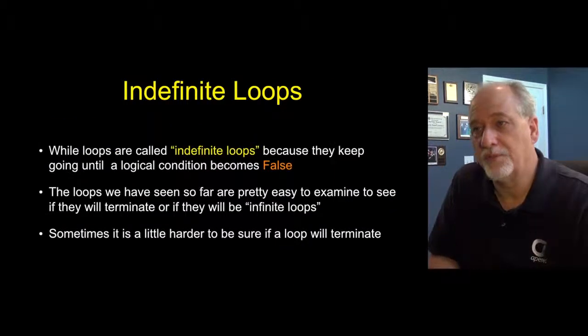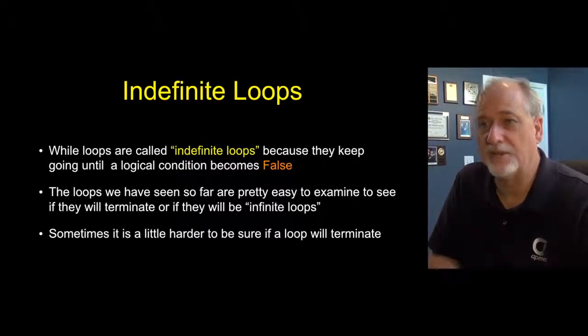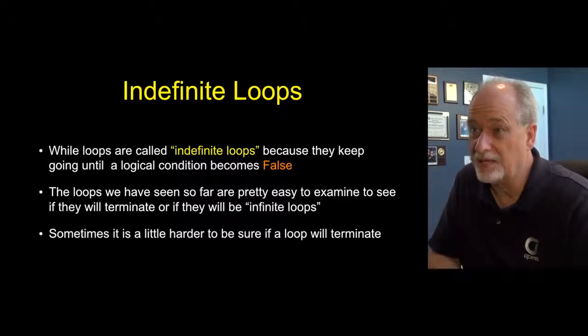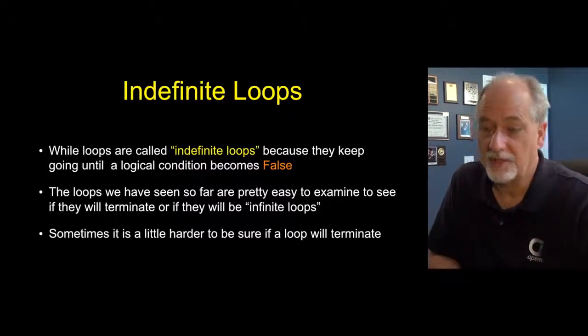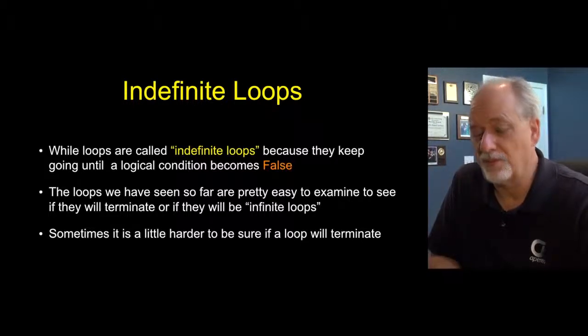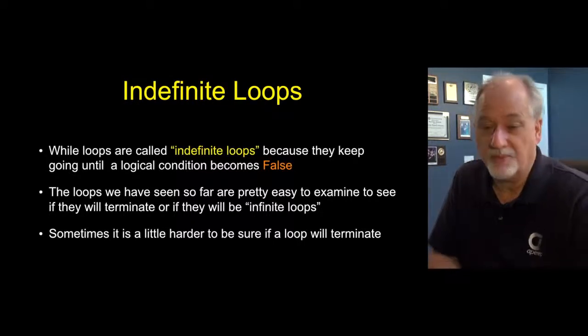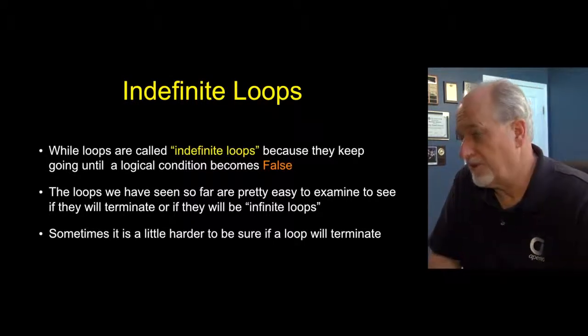So these loops that we've been drawing so far, the ones that use while as their keyword, are called indefinite loops. That's because they go for a while, until a break hits or until some value becomes false, as long as that value remains true. All the ones we've done so far are easy to look at and know that they're probably going to finish.